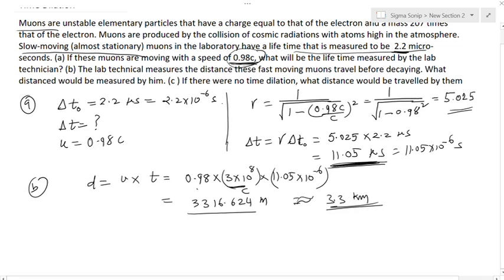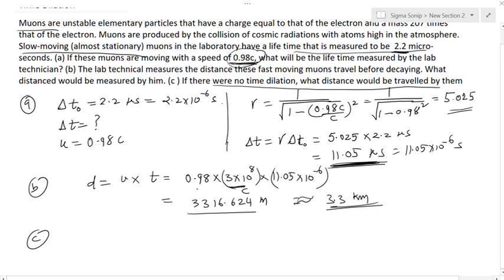If there were no time dilation, then the distance traveled would be straightforward. Our muon has a lifetime of 2.2 microseconds and is traveling with a speed of 0.98 c. Let me write this as well.